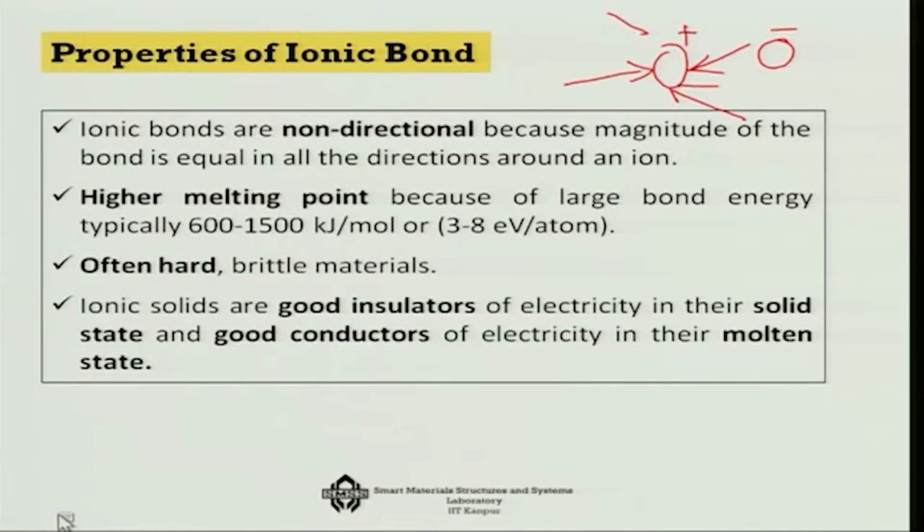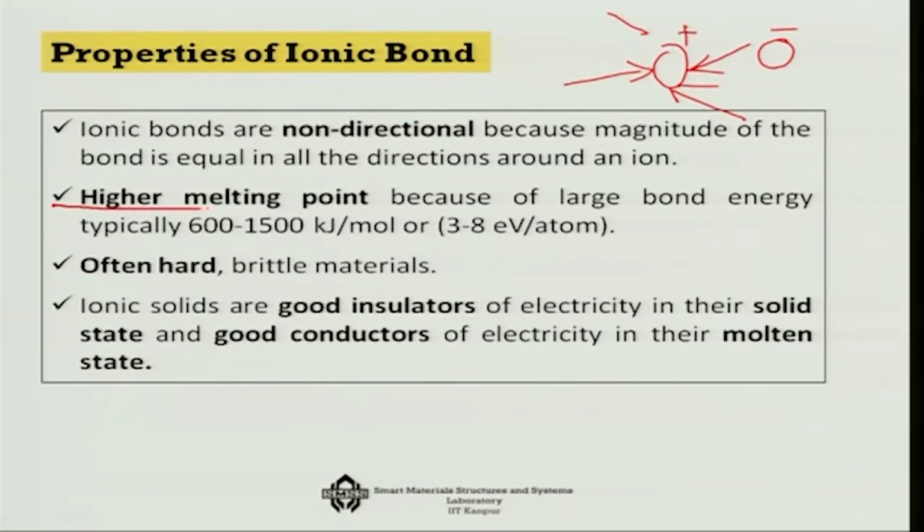So that is one important property: ionic bonds are non-directional, which gives some kind of isotropic properties.